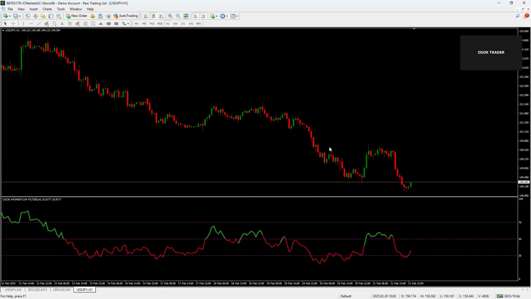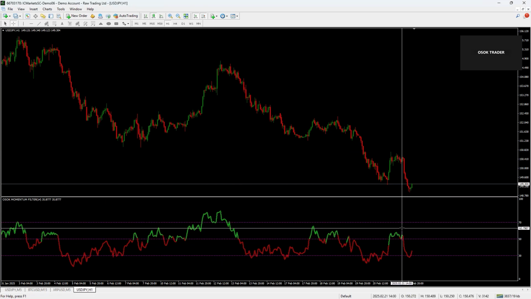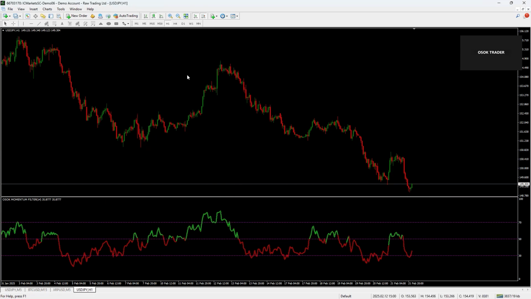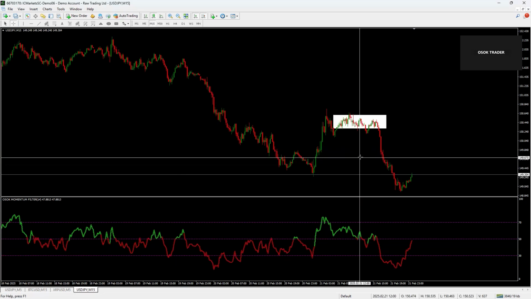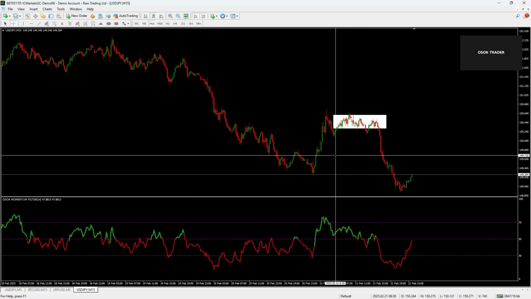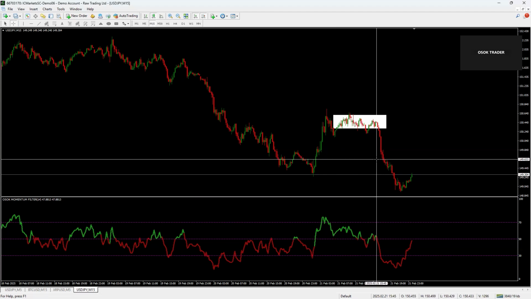As you know, the buildup of anything we see visually on the higher time frame happened within the lower time frame. So you didn't just wait for this to happen. It happens within this space over here. If we go to like 30 minutes or whatever, we'll see that this did alert us that something is coming, something is going to happen, and eventually it happened.